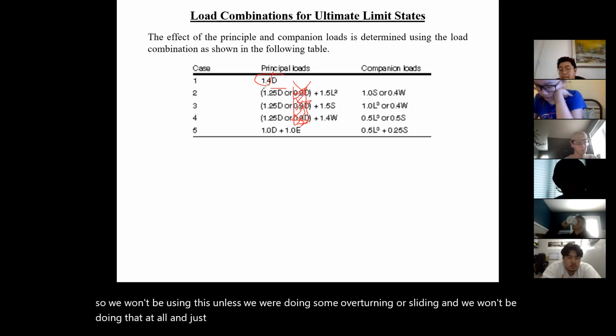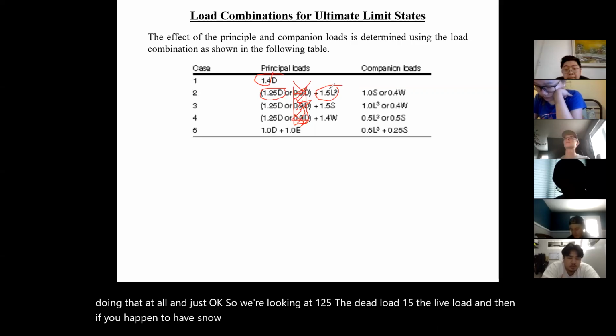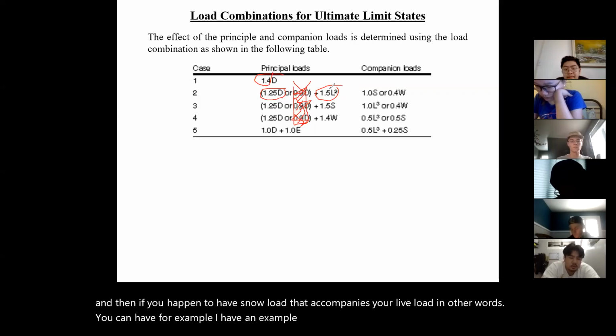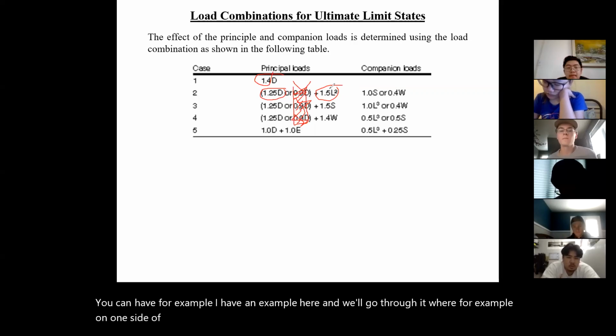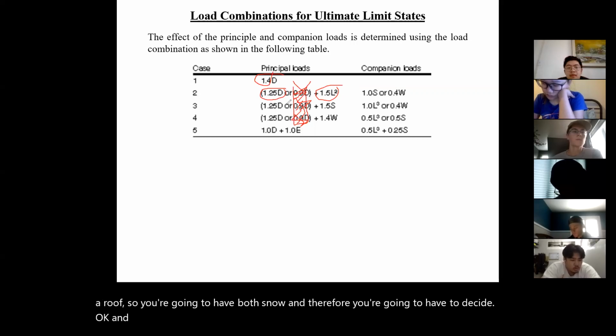So we are looking at 1.25 the dead load, 1.5 the live load. And then if you happen to have snow load that accompanies your live load, for example, I have an example here where on one side of the lintel there's a room, and on the other side there's a roof. So you're going to have both snow, and therefore you're going to have to decide. I'll show you on the example how to combine these.